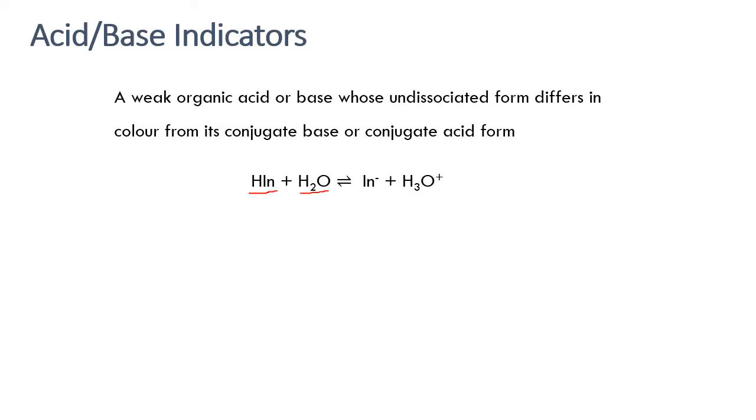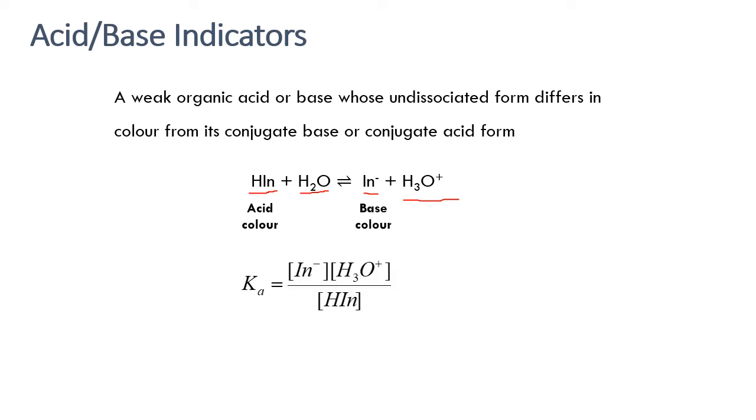When it dissociates in water, it produces the conjugate base form and hydronium ions. So higher concentrations of the acid form give the acid color, and higher concentrations of the base form will result in the base color.